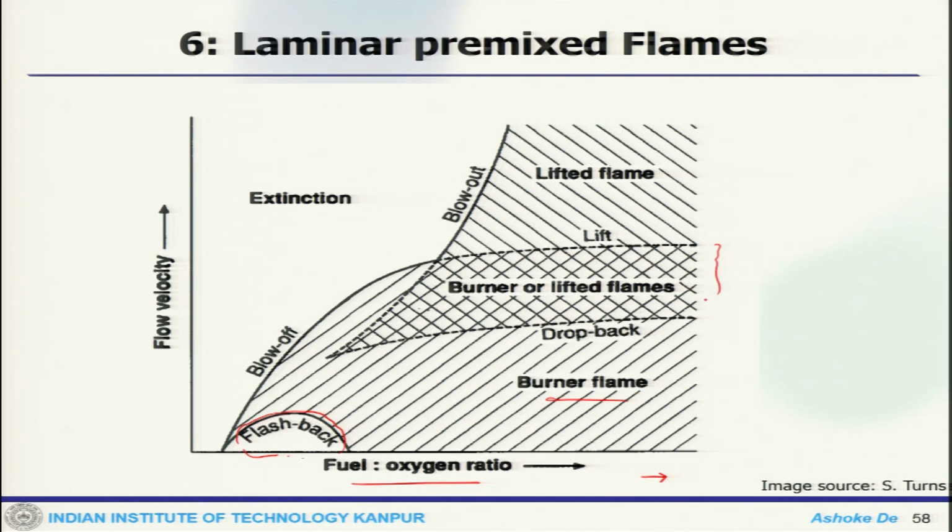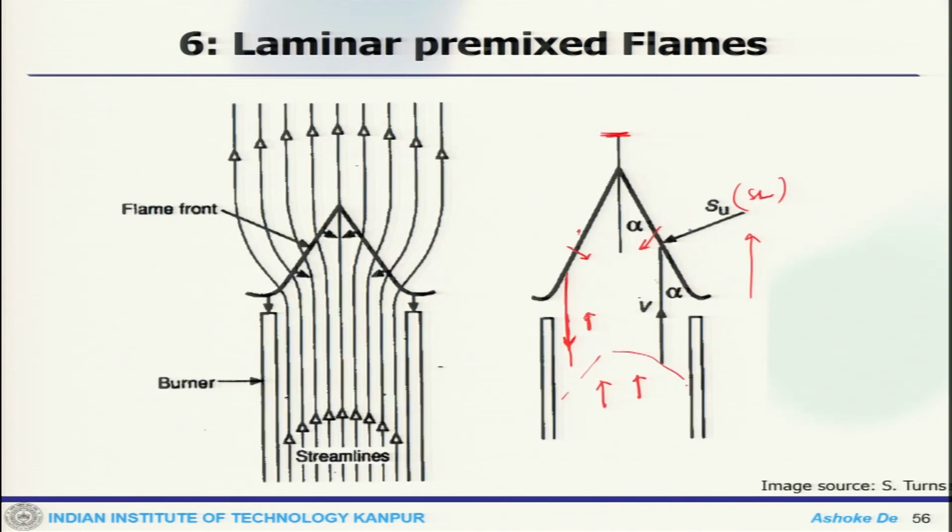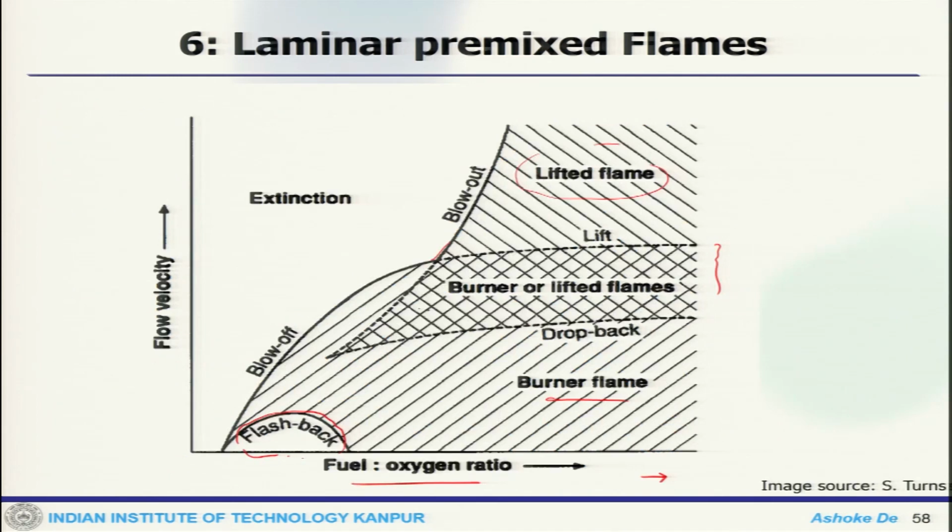This area is the burner stabilized or lifted flame. Then there would again be a limit of blowout with the lifted flame. See, the lifted flame has an issue that if you push these things too much, like if the flame front pushes here slowly, it is lifted and then it can go beyond the chamber.